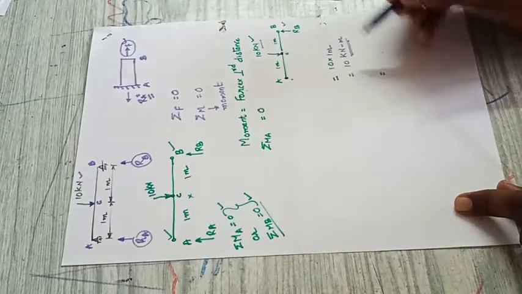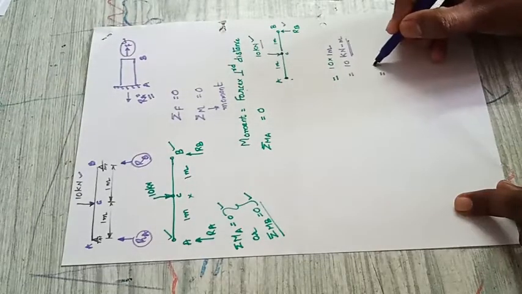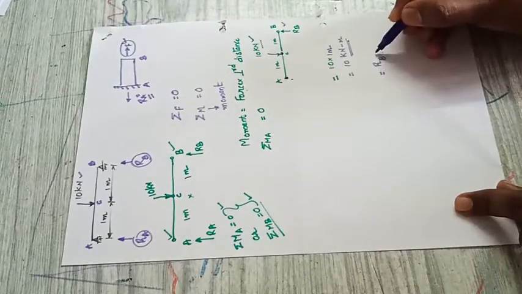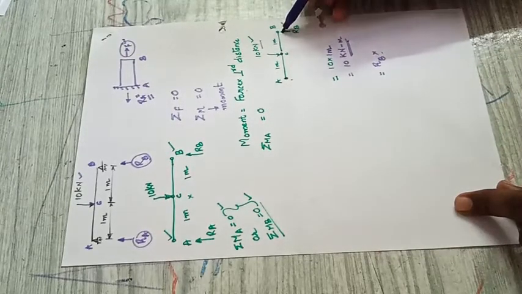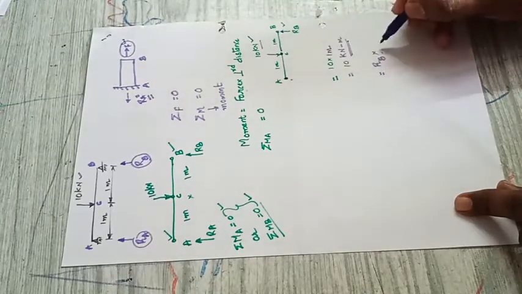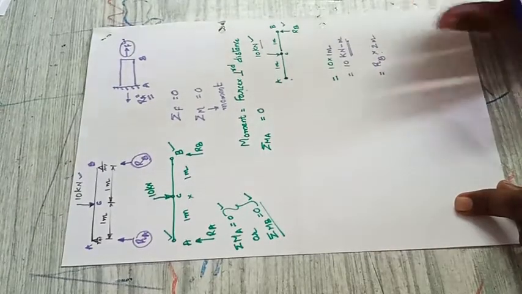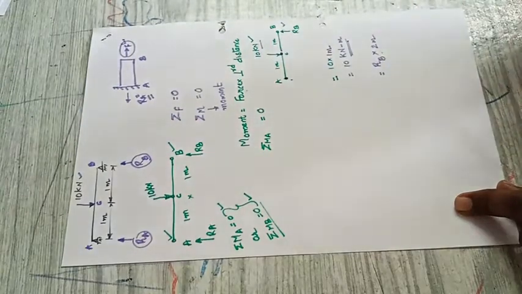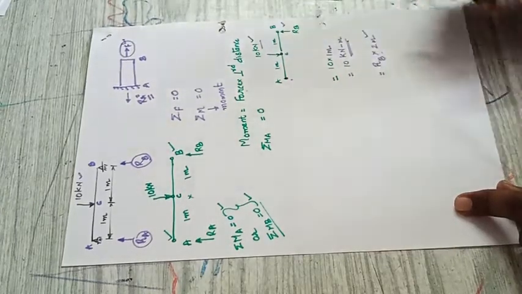The moment because of RB, I will first write down the force, RB, into the distance from the point of application, B, to A. It is 1 meter plus 1 meter, it is 2 meter. RB is unknown. We are not substituting any value, but we know the distance from A to B, that is 2 meter.